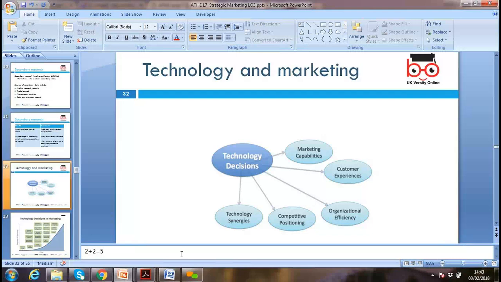In maths we say 2 plus 2 makes 4, but in management we say 2 plus 2 makes 5. How does it make 5? Because when we work collectively, we can reduce our cost and get more output.